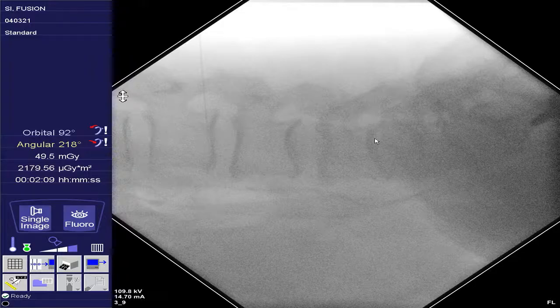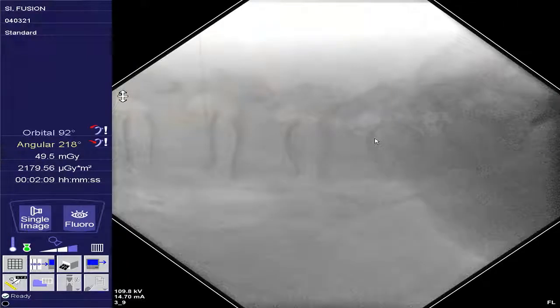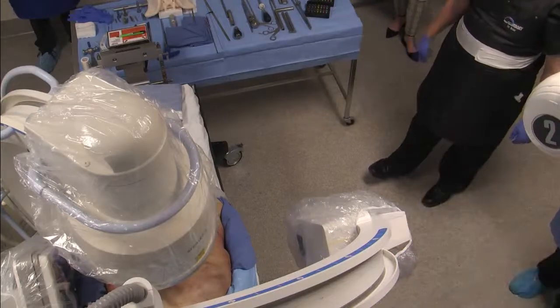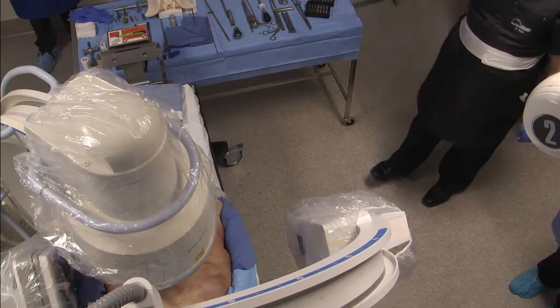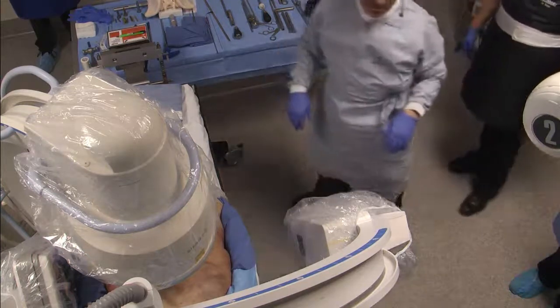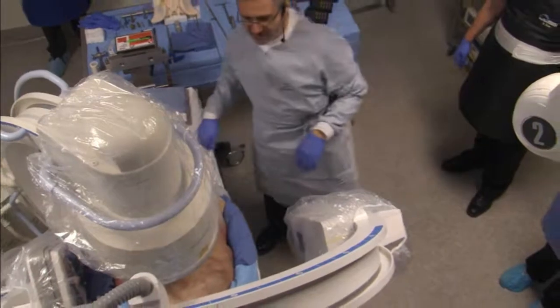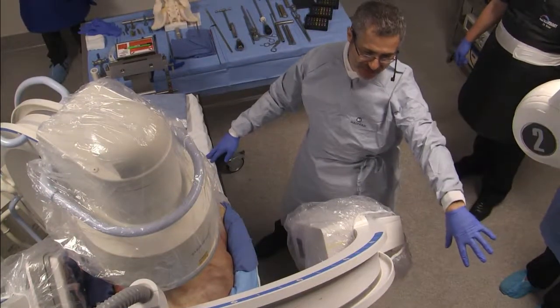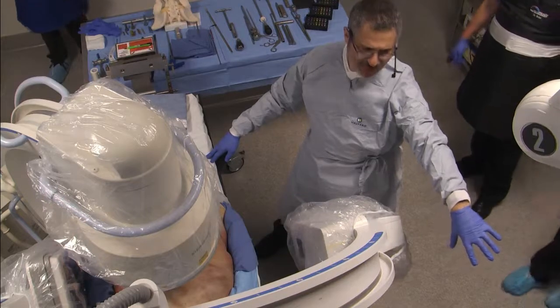So the problem is, the monitor is not where I can look at it right now. Can you move the monitor maybe here? In fact, when we're doing surgery, we want to bring both monitors over here. Yeah, that is usually, but for demonstration purposes, that's fine. Can you see it? Yeah, if you bring it more here, yeah, more, that's it.